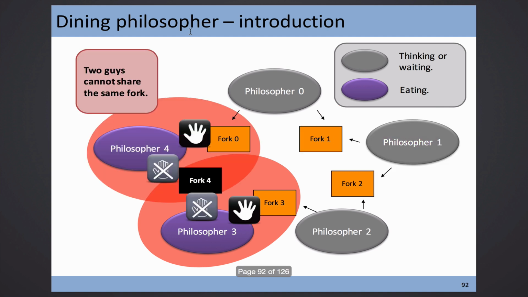So now you understand the scenario for the allowable case. The forbidden case is when adjacent guys want to start eating together. Let's say this guy takes number 3, and this guy takes number 4, but it so happens that fork 4 is required by the 2 adjacent guys. So these 2 guys cannot go in parallel. And our solution is not to resolve this conflict.